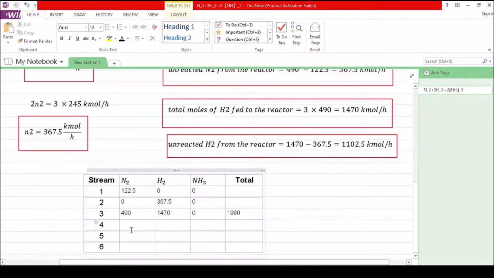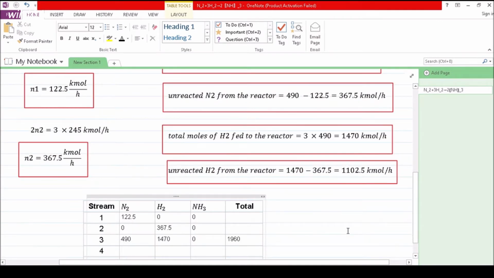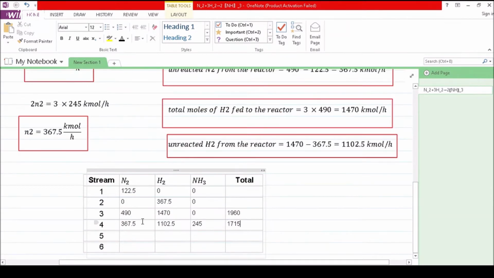So here in our table, for nitrogen we have 367.5. For hydrogen, we have 1102.5. And our ammonia from the reaction, we have 245. This gives us a total of 1715 kilomoles per hour.